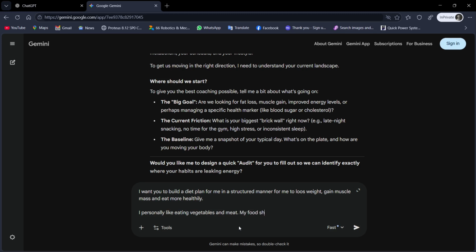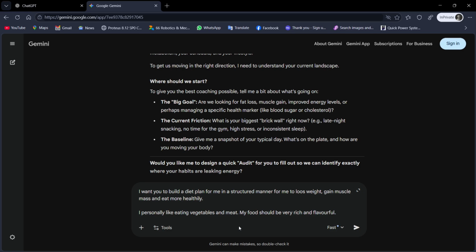My food should be very rich and flavorful. So those are just your personal preferences, right? So we have the personal preferences. Then we can talk about the environment.